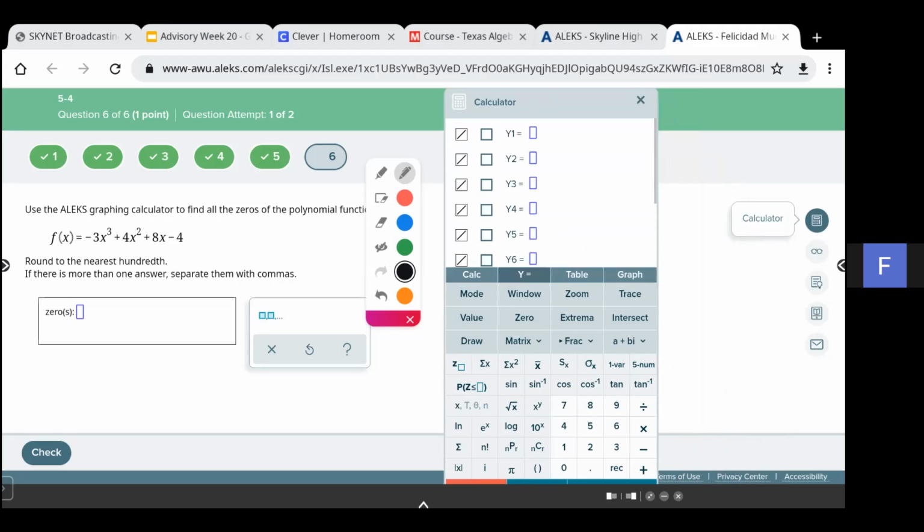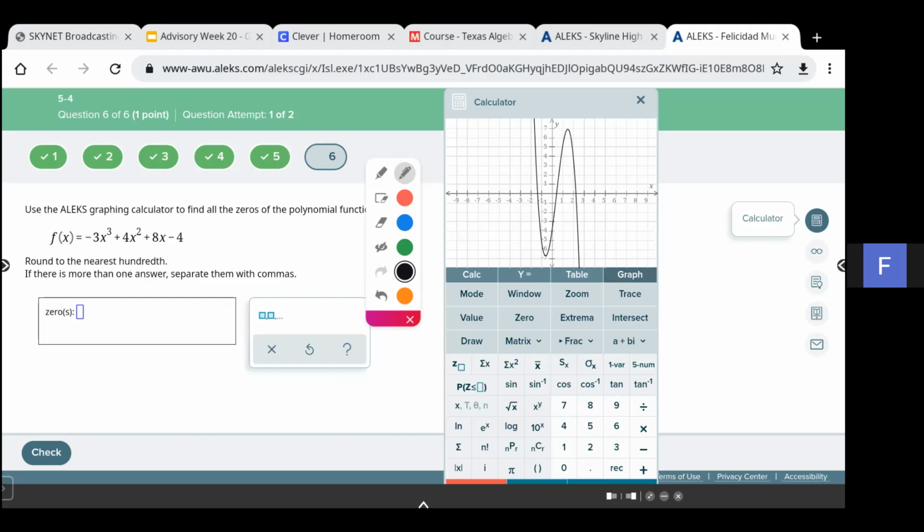Okay, so we're going to graph negative 3x to the third plus 4x squared plus 8x minus 4. So go ahead and graph this.